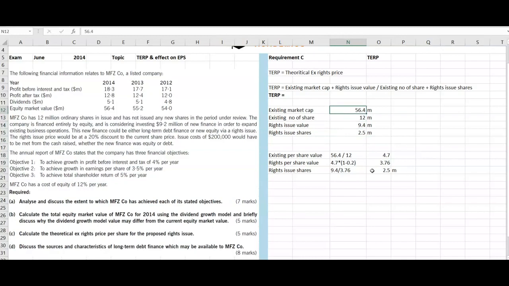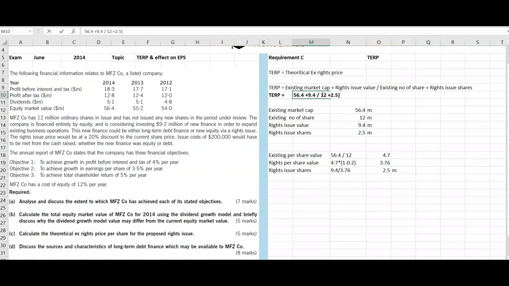So now we have got all the numbers. We just have to find the TERP. It is going to be 56.4 plus the rights issue value, which is 9.4, divided by the existing number of shares, which is 12 million, plus the additional issue of shares, which is 2.5.